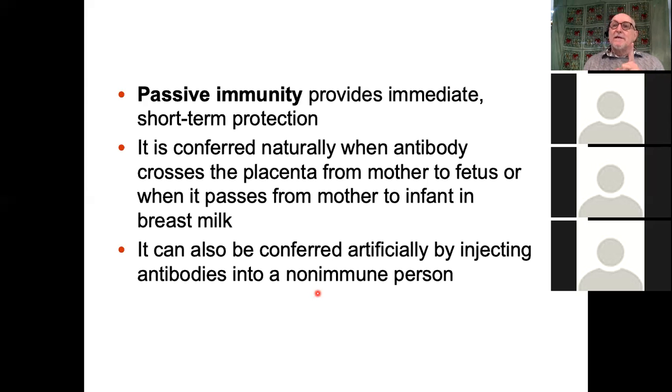This passive immunity is also interesting in the current COVID pandemic, because there have been some attempts to take blood from people who have recovered from COVID and therefore are assumed to have high antibody levels in their blood, and to actually extract those antibodies and inject them into people who are in the earlier stages or severely ill from COVID.